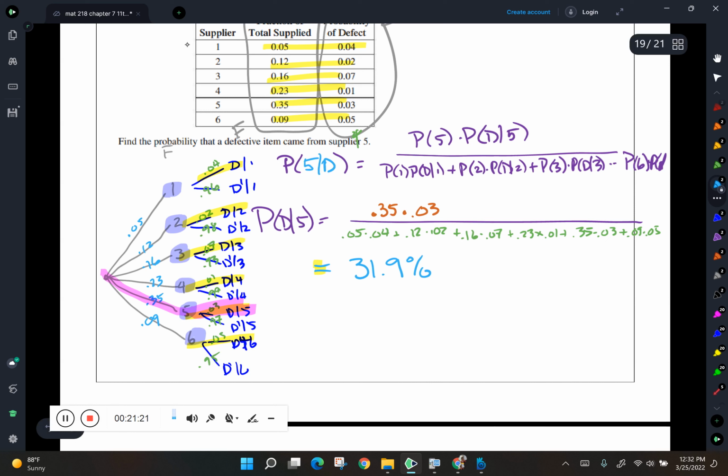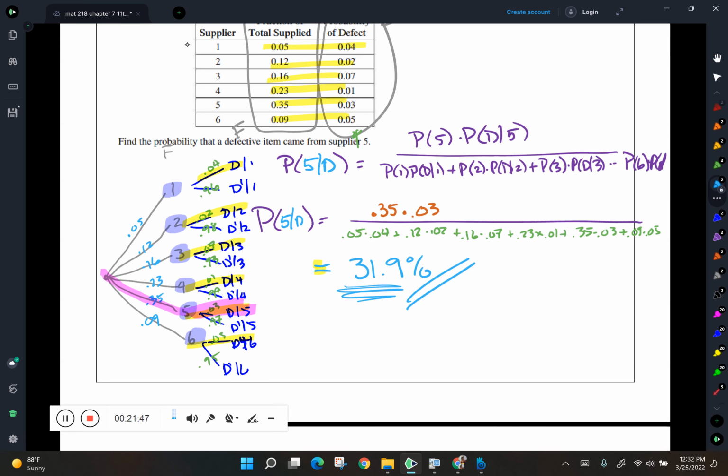I don't know why I wrote that backwards. I'm so sorry. I'm sure that at least one person was out there going, hey, wait a second, why are you writing it that way? Is 31.9% or almost 32%. So if I walk down to the defective item pile and I grab something out of there, there's a 32% chance that it came from supplier 5.